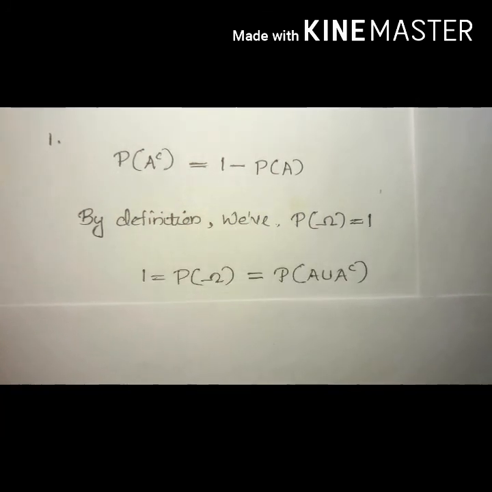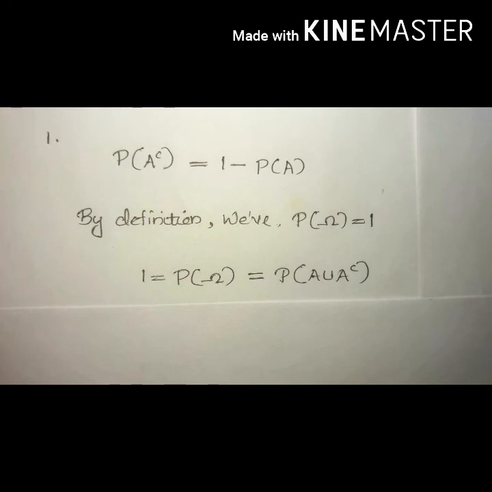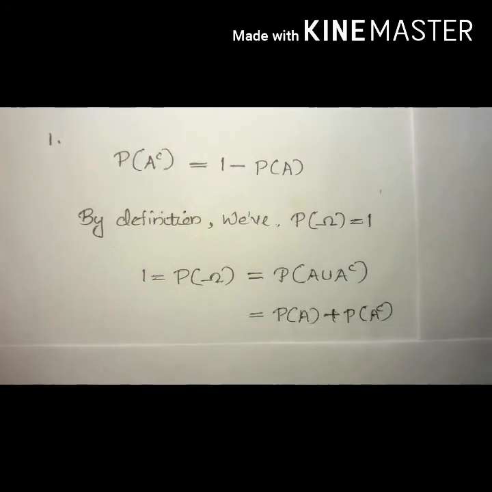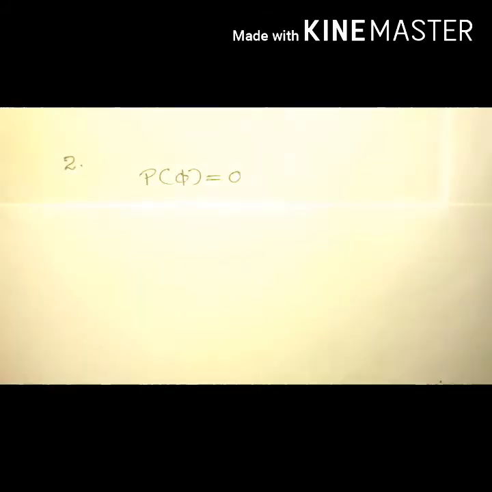So we can write 1 equals P(Omega), and that's equal to P(A union A complement). A and A complement are disjoint events, so we can use the sigma additivity of probability measure. That is, it's equal to P(A) plus P(A complement). Therefore, we get P(A complement) equals 1 minus P(A).